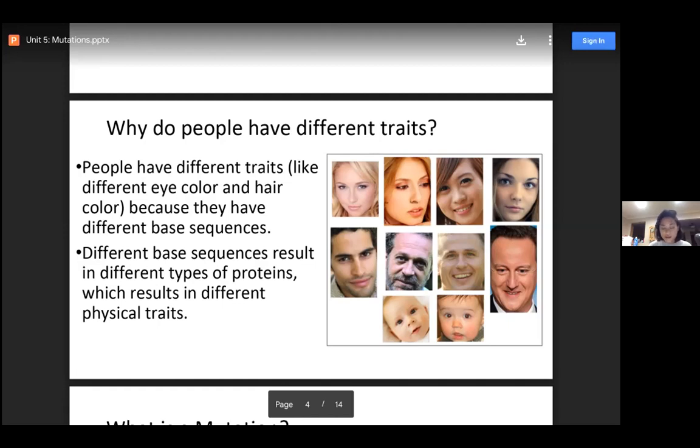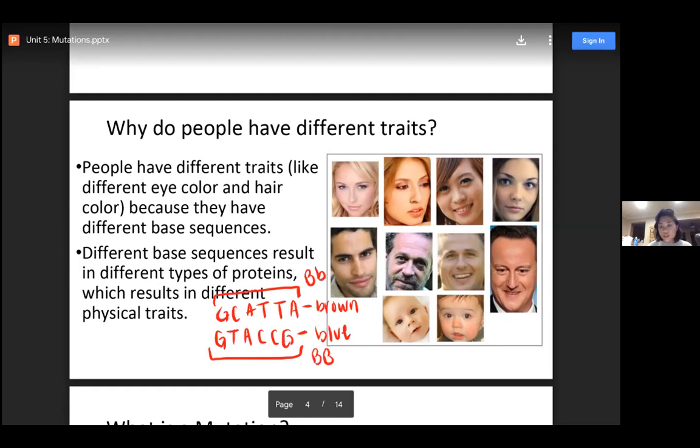Somebody might have their DNA coded for GCATTA, and somebody might have it coded as GTACCG. Those are different, right? So they're going to come out with different traits. This person might have brown eyes, and this person might have blue eyes, because these code for different genotypes.